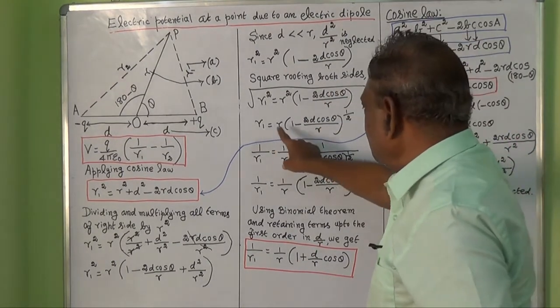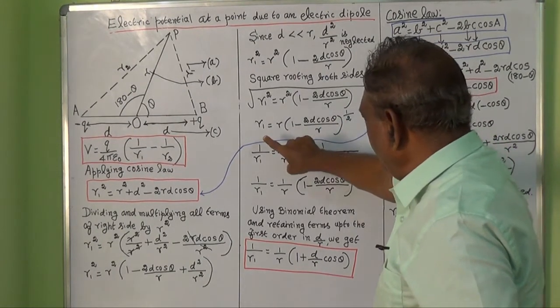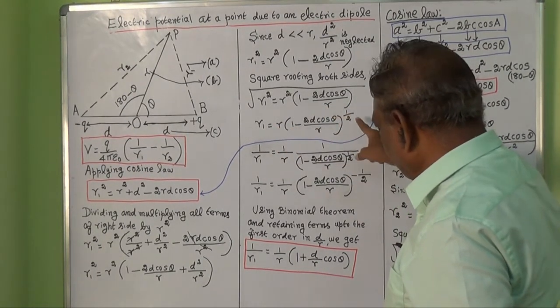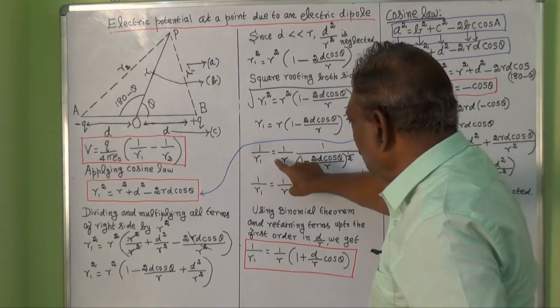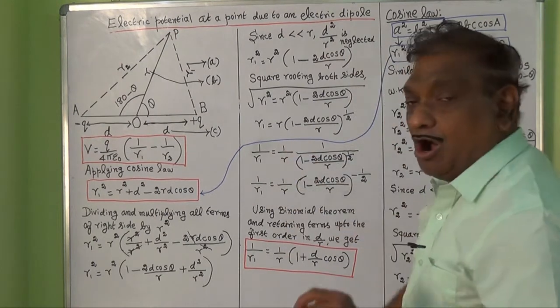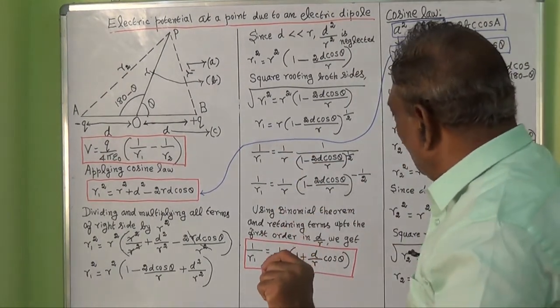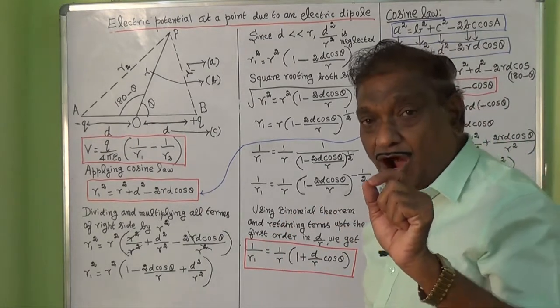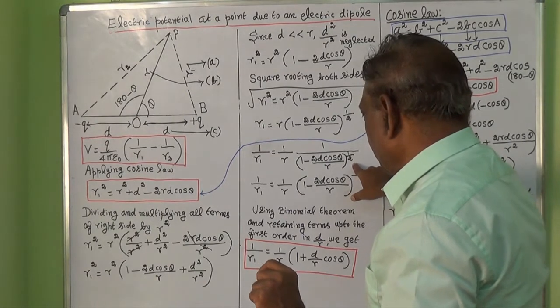If we invert all the terms on the left side as well as on the right side, we get 1 by R1 equal to 1 by r into 1 by 1 minus 2d cos theta by r, the whole power 1 by 2.